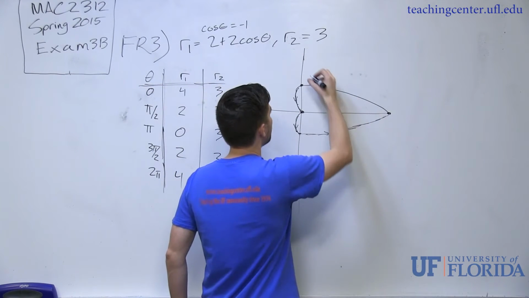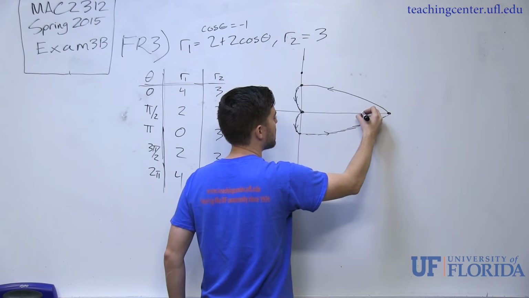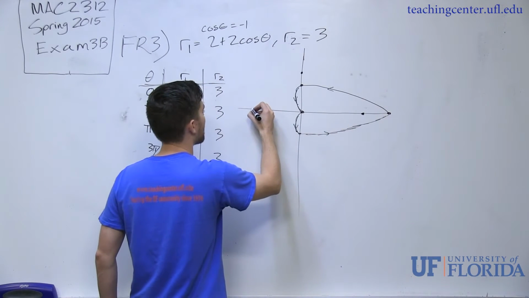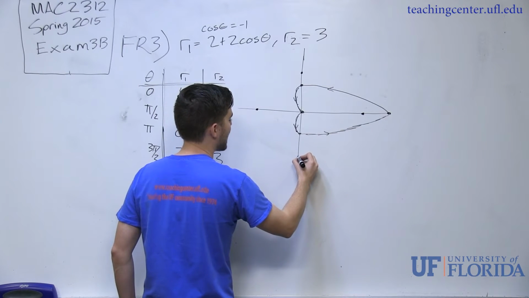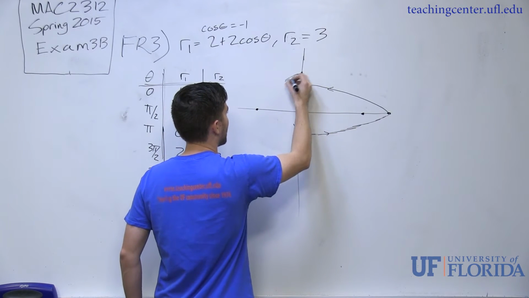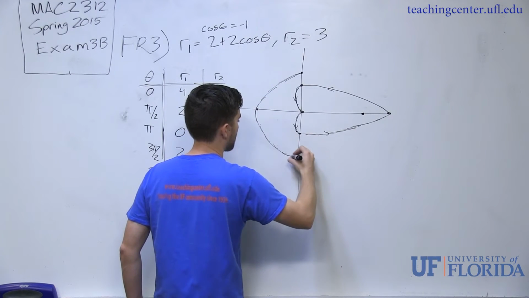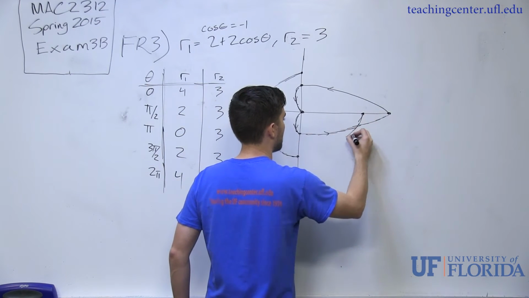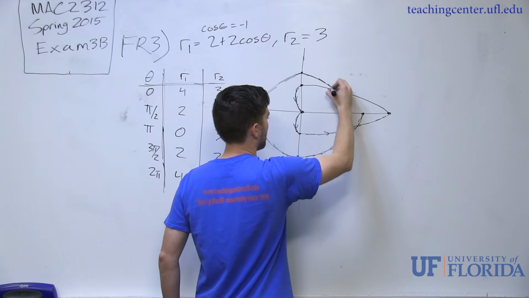So I'm going to denote R2. I'm going to mark these points here. This is going to be my radius of 3. Now this is probably going to be a little bit asymmetric, but again, I'm only looking for close enough in this case. And sometimes it's hard to draw circles, and I am no artist.